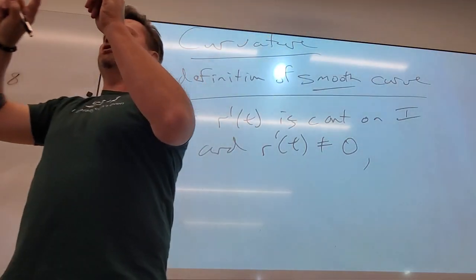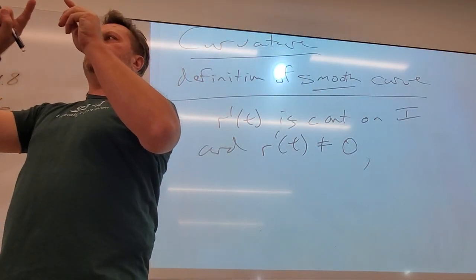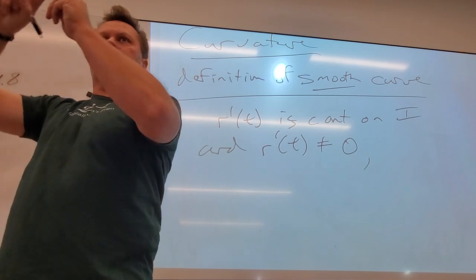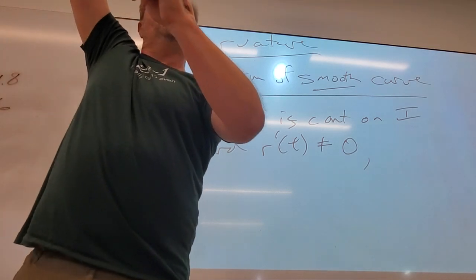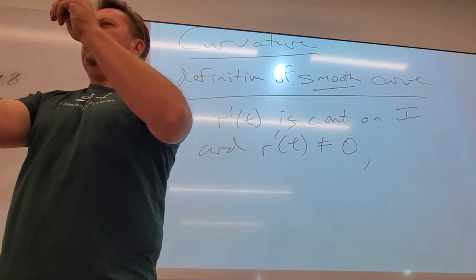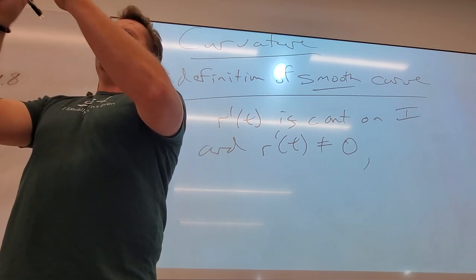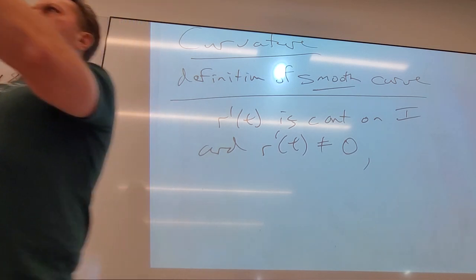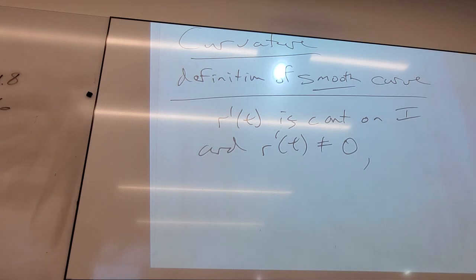If I have something that's changing direction in a plane versus something that's changing direction the same way in the plane but also changing direction out of the plane, wouldn't the curvature of this be a little more than the curvature of the one that's just in the plane? So I have different ways I can curve. I could curve in a plane like that, or as I'm doing that, I could also come out of the plane.